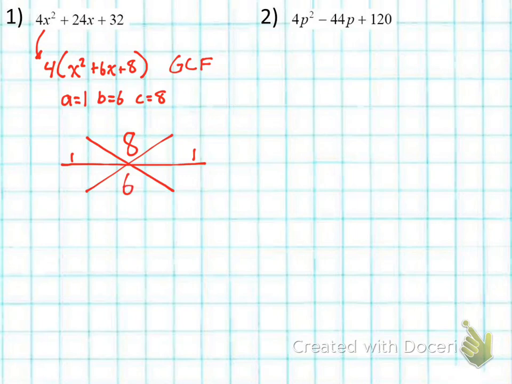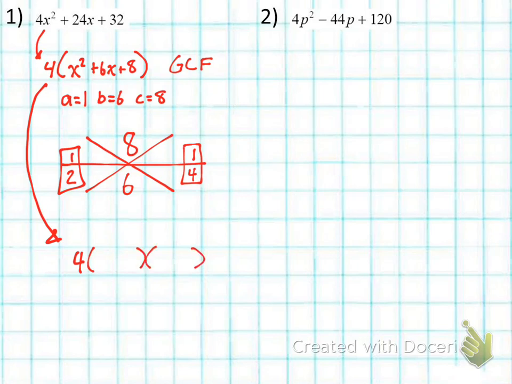Okay, so when I do my Xbox, I know that this could be 2 times 4, because 2 plus 4 is 6. 2 times 4 is 8. So, bring down the original factor of 4. So we got 4 times the quantity of, and you open 2 parentheses up. We got x plus 2, and then x plus 4.